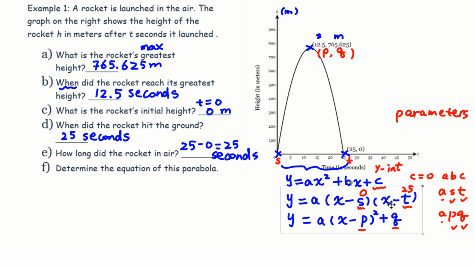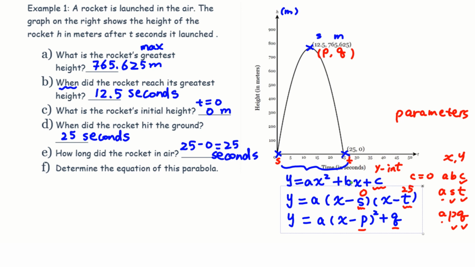In each of these equations, beyond a, b, c, a, s, t, or a, p, q, you also have x and y. So in each equation, you have 5 variables. In order to solve for one variable, we need the other 4 given. In the first one, we only have c, so we have 2 unknowns and it will be a little hard to solve, so we pick one of the bottom two.